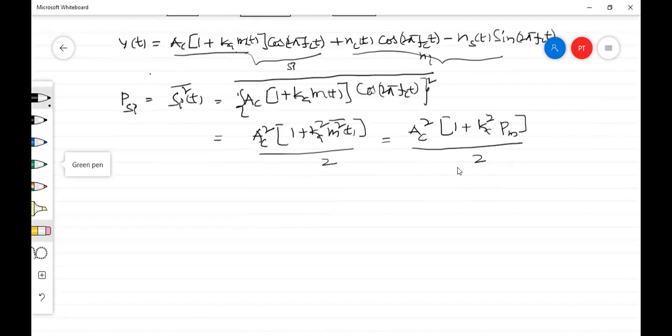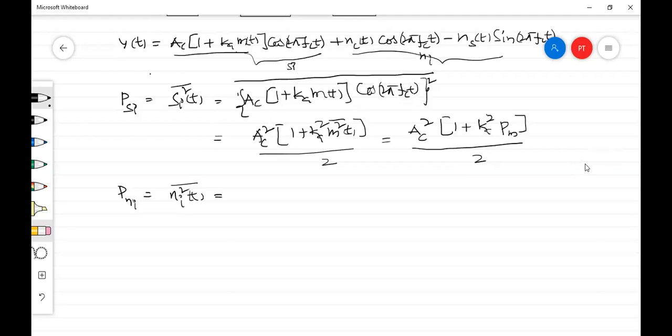Now, what about input noise power? Input noise power is again the mean square value of input noise. So how do you find the mean square value of input noise? What about input noise?